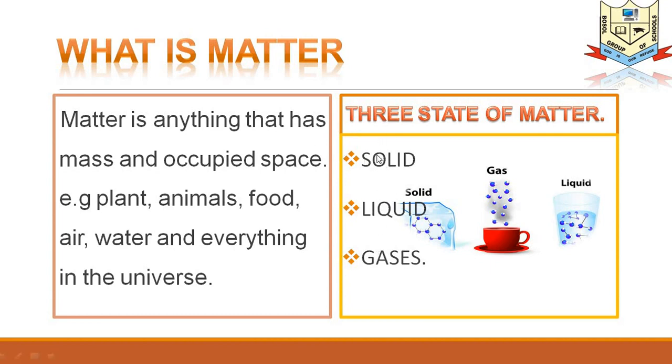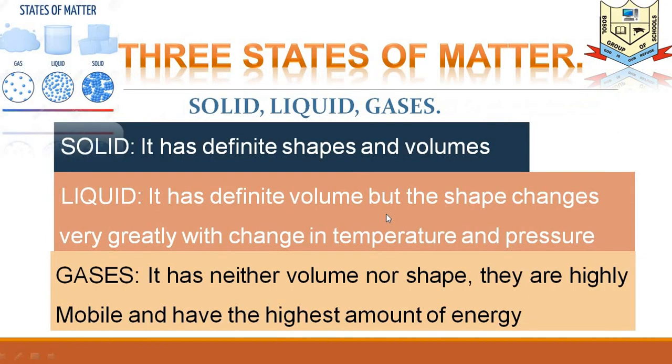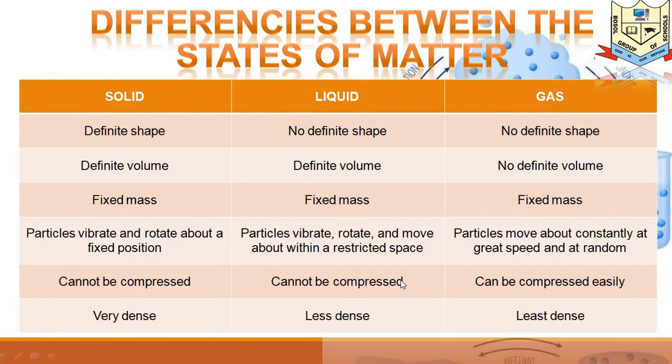Either they are solid, liquid, or gases. For solids, we say solids have definite shapes and volumes. For liquid, we say that liquid has definite volume but no definite shape. For gases, we say gases have neither definite volume nor definite shape.